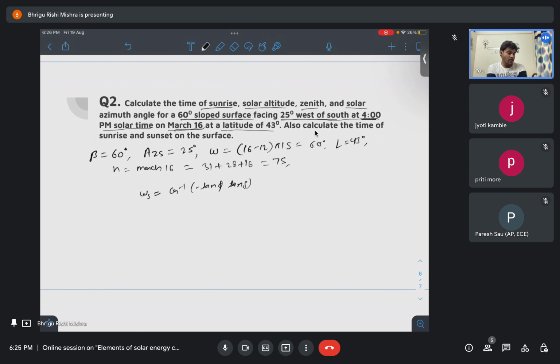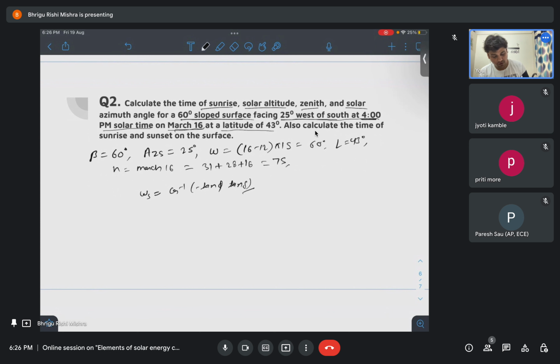This is the formula to calculate omega s, but this is for the horizontal surface. First we will calculate the sunrise angle for the horizontal surface, and then we will calculate it for the sloped surface.